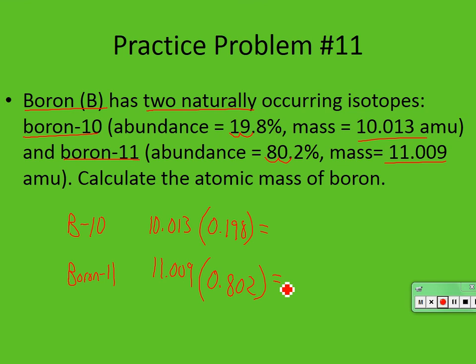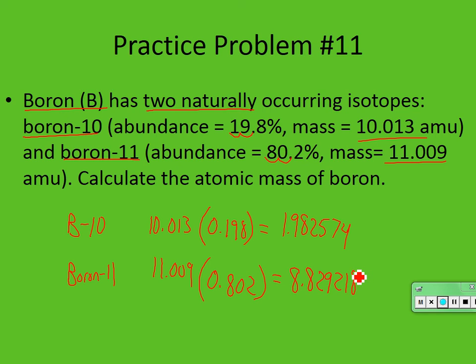So let's do that multiplication now. For the top one, I'm getting 1.982574. The bottom one, I'm getting 8.829218.